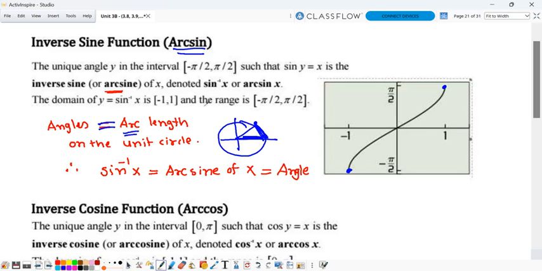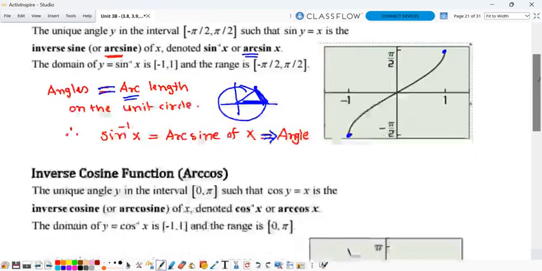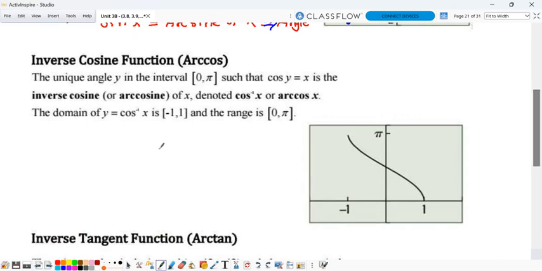That's where the word arc comes from, and arc sine is the same as sine inverse. Arc cosine is called cosine inverse. So know that sine inverse of x is also said as arc sine of x. The answer is always an angle. So this page is a summary and notation. You have to know the correct notation.